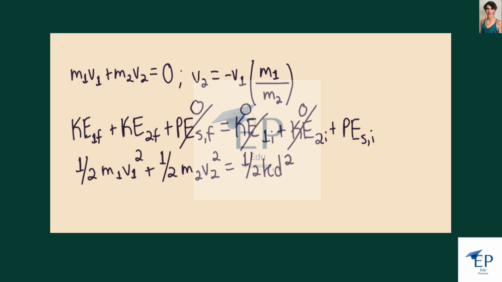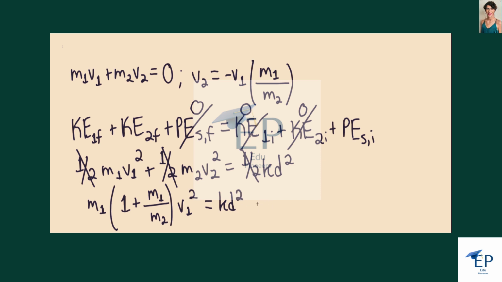And so we can then cancel out the halves and say that, solving, we can say that rather first we're going to factor out m sub 1. So we can say m sub 1 multiplied by 1 plus m sub 1 over m sub 2 multiplied by v sub 1 squared is going to equal kd squared.